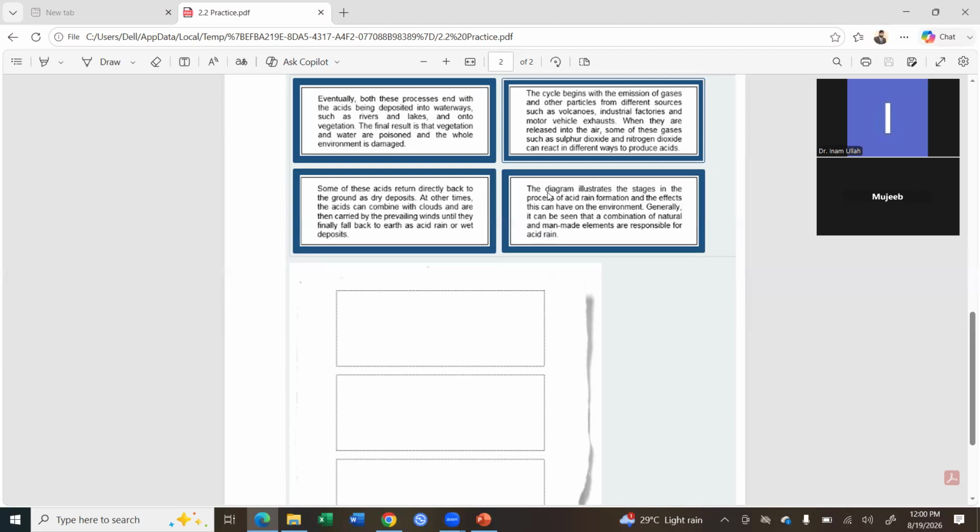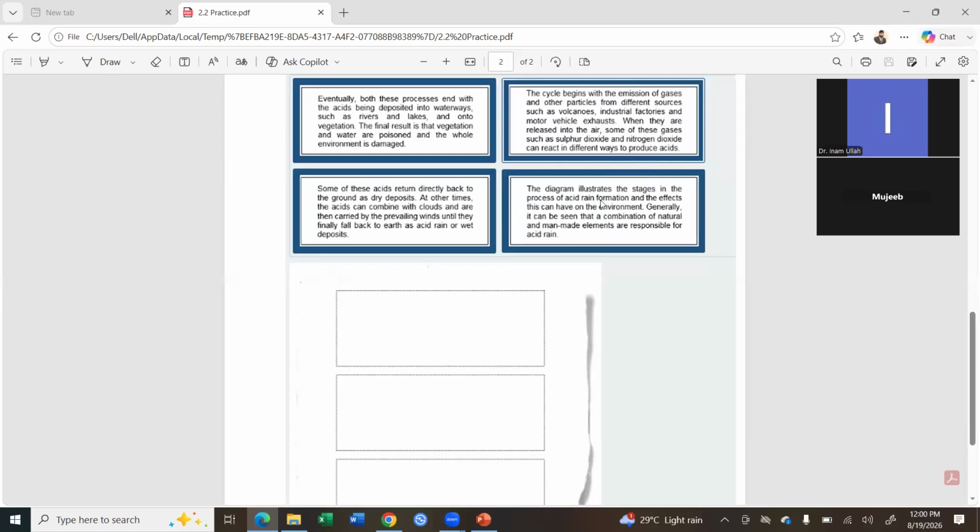You can see here, the diagram illustrates the stages in the process of acid rain formation and the effects this can have on the environment. So this is actually the topic sentence. Then we have the overview. Overall, it can be seen that a combination of natural and man-made elements are responsible for acid rain.